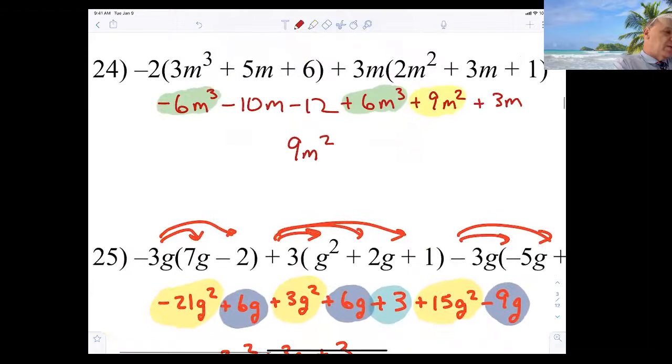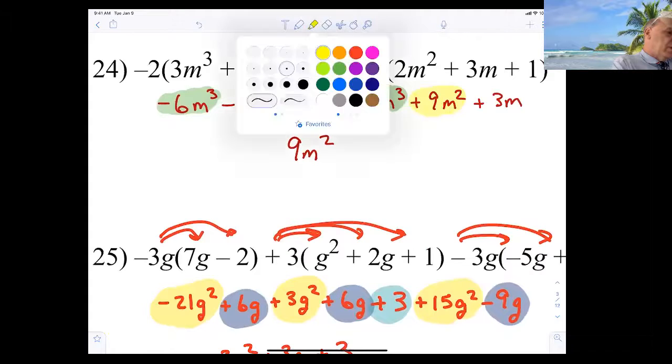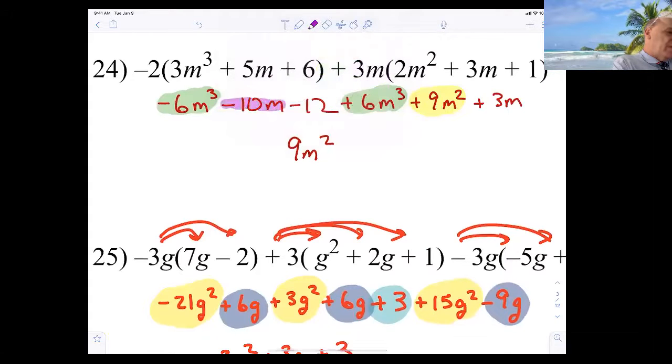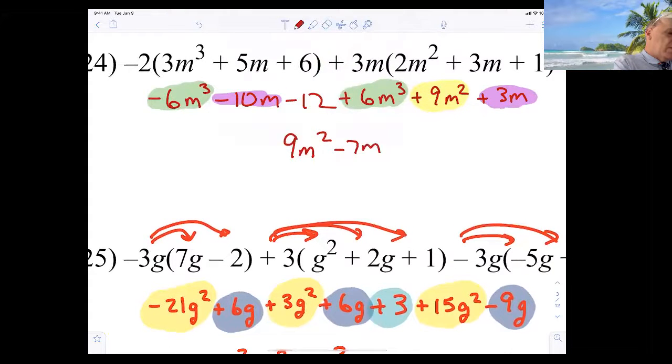I'm asking what, so far I have the m cubes cancel and 9m squared. Austin, are you saying 9m squared is in? I know you're not. No. All right, here we go. And then negative 10m plus 3m is, right. And then what? Yeah, minus 12.